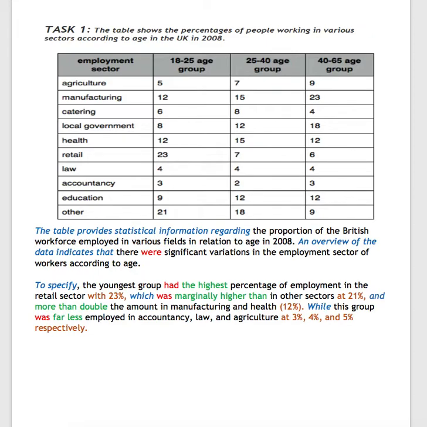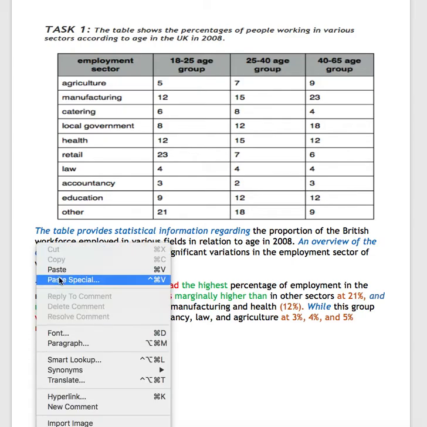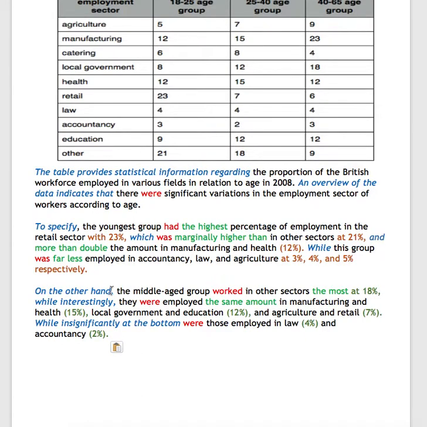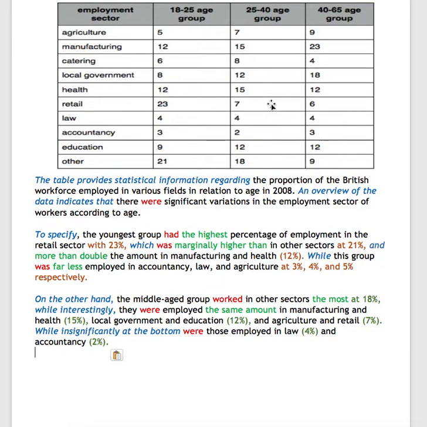What do we have for the second? Okay. On the other hand, yes, because now we're going to talk about the next group. The middle-aged group. And 25 to 40 is more like middle-aged, but I would say 30 to 60 really. But it's talking about this middle-aged group.